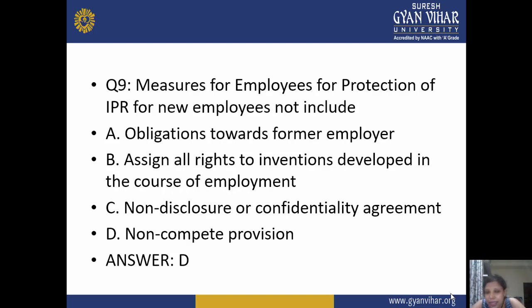Next, measures for employees for protection of IPR for new employees do not include: obligations toward former employer, assign all rights to invention developed in the course of employment, non-disclosure or confidentiality agreement, non-compete provision.